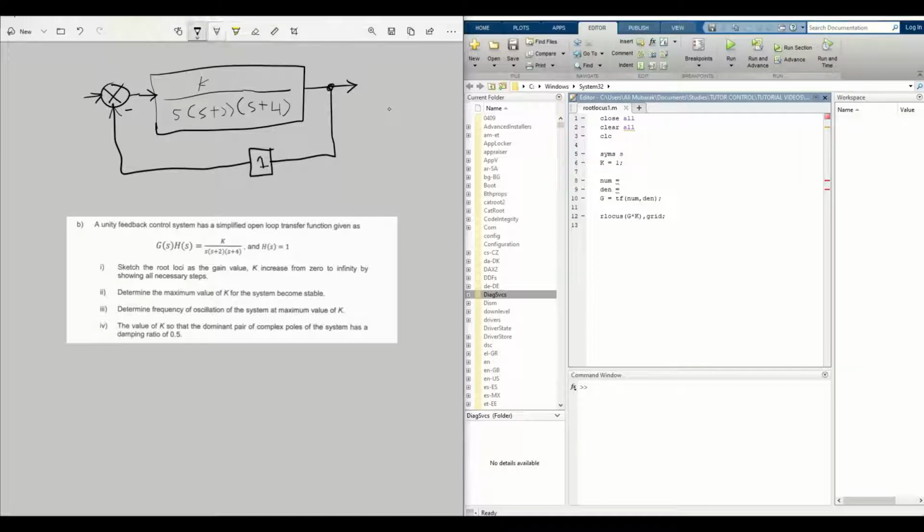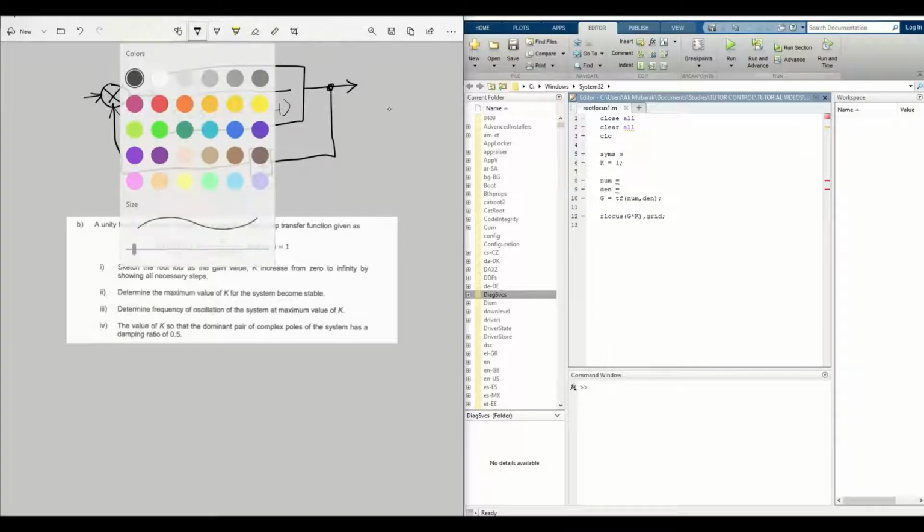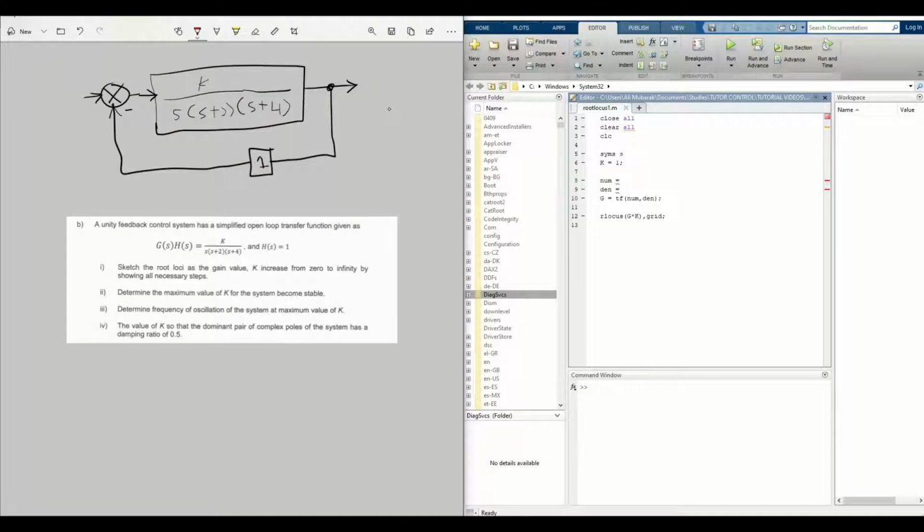Okay, so to solve the root locus problem, we only use the open loop transfer function, which is this. So we simply put the numerator and denominator into the coding.